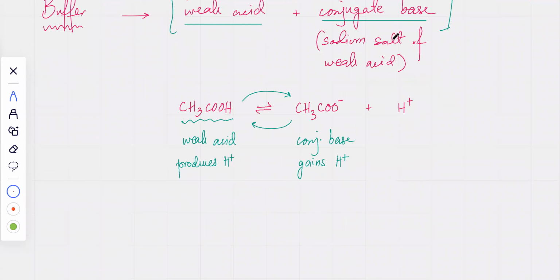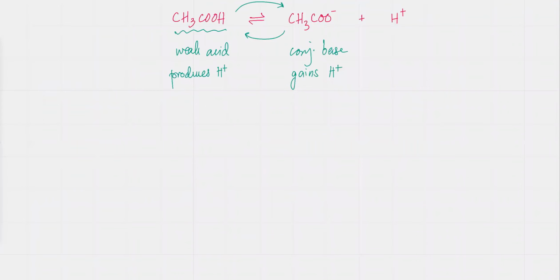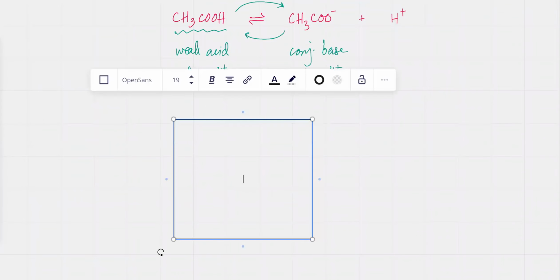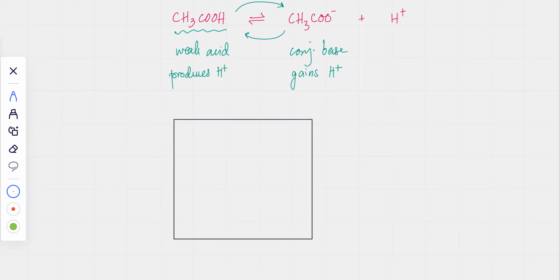So for example, you have a beaker, and the solution inside the beaker is a buffer. It's got ethanoic acid, and at the same time it's got its conjugate base as well, ethanoate ions. Let's say from the outside I start adding H+1 ions, and the concentration of H+1 starts to increase.